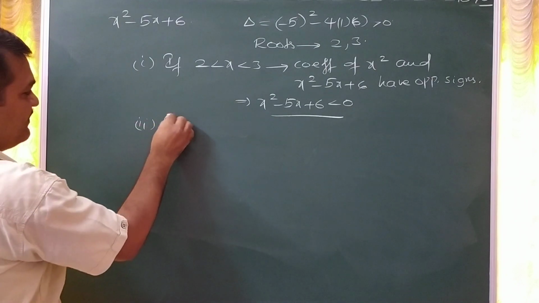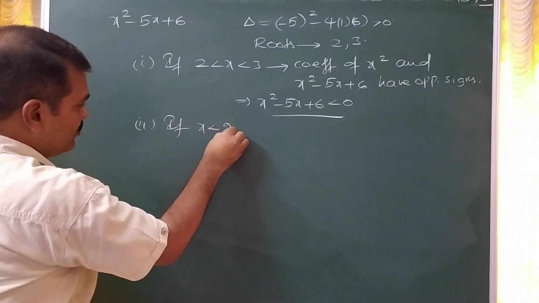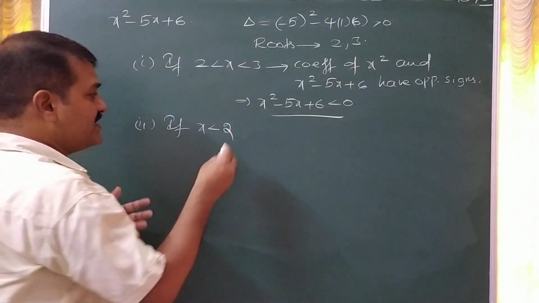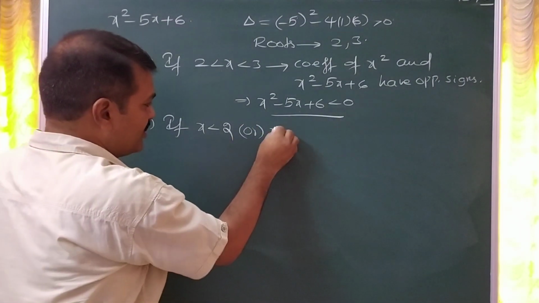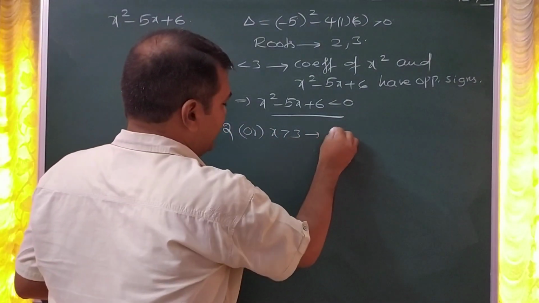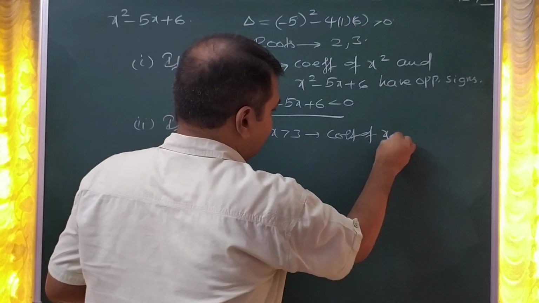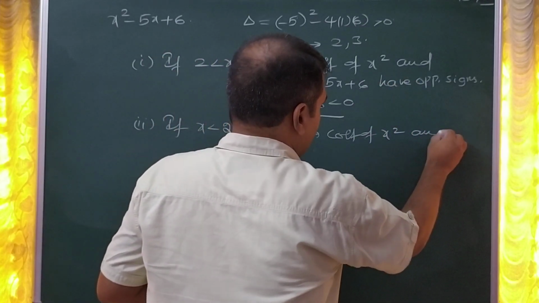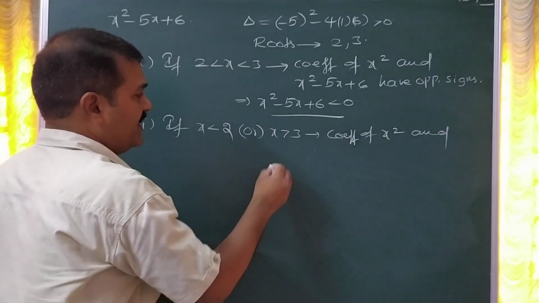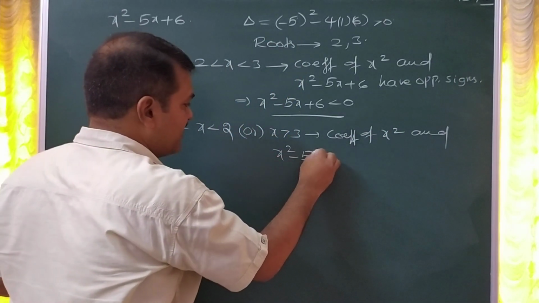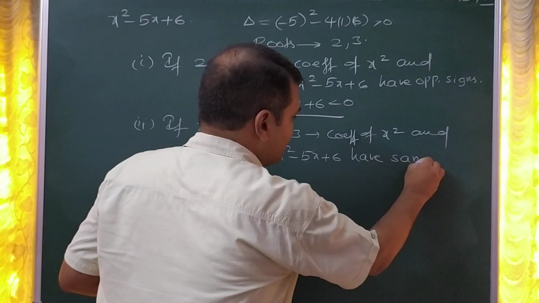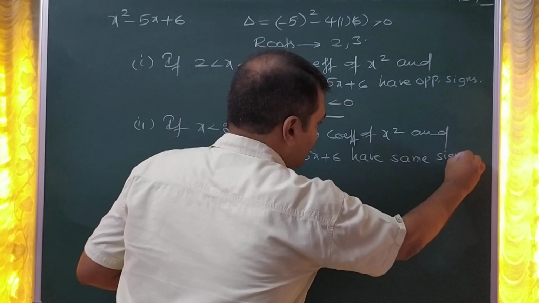Now what happens if x does not lie between the roots? That means x is not between 2 and 3. So if x is less than 2 or more than 3 but not between 2 and 3, then what is our condition? Our condition is that the coefficient of x square and the given expression have the same signs when x is not between the roots.